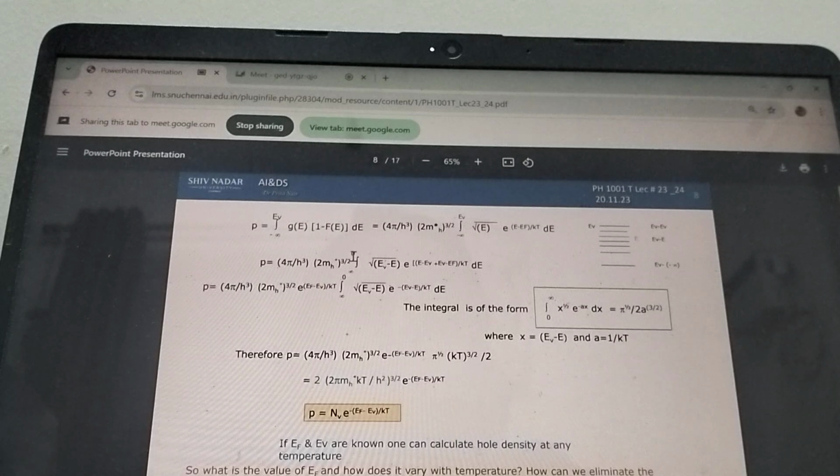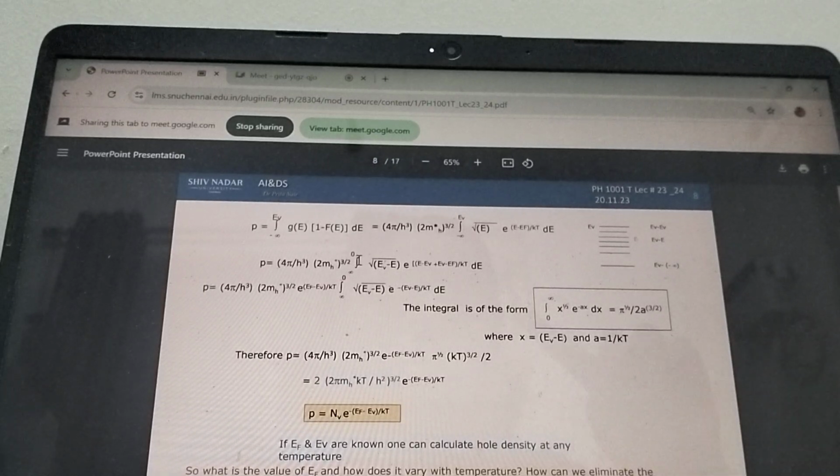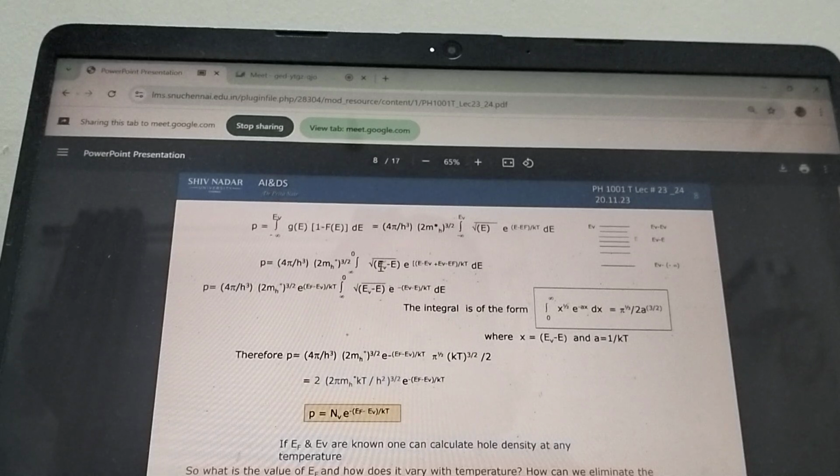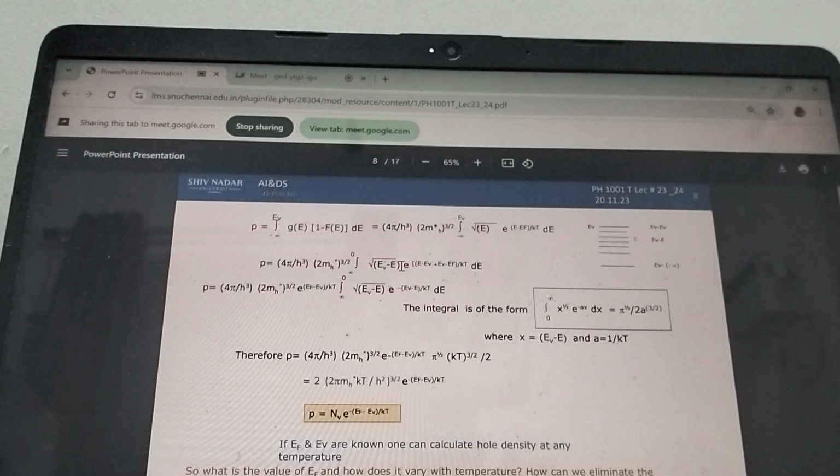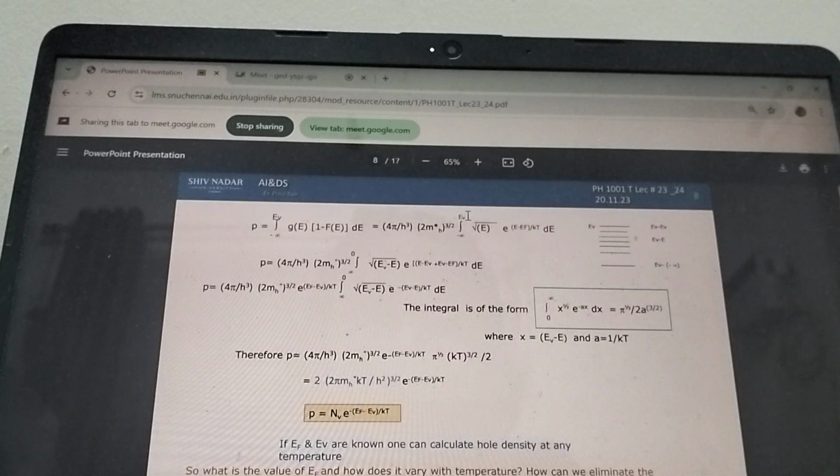We make it 0 to infinity. This part should actually be 0 to infinity; it's a typo in the slide. Because we need the negative sign, we make it EV minus E, because when you flip the limits of an integral, the sign changes. So the integral from a to b of something is the same as minus the integral from b to a of the same thing. That's exactly what we are doing here.